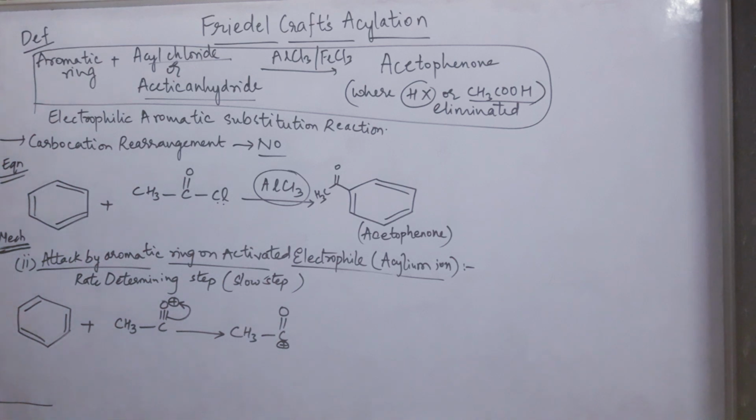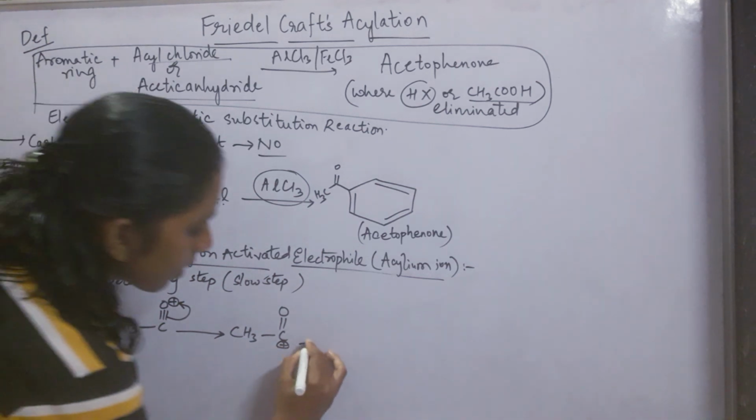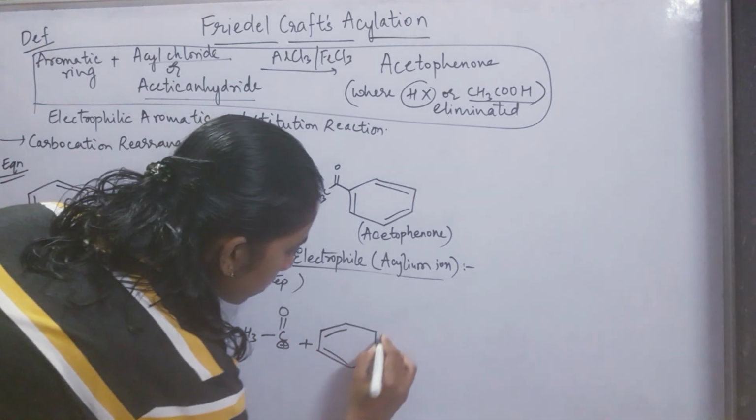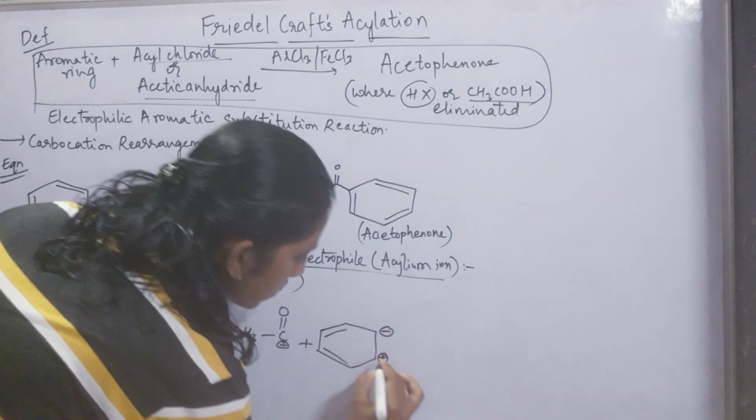Okay, in benzene what happens here? Let us take this carbon as first carbon, this as the second one. The first carbon will take the pi bond, will take the electrons, and this first carbon will be getting a negative charge. The second carbon will get a positive charge. Okay, negative charge, positive charge.